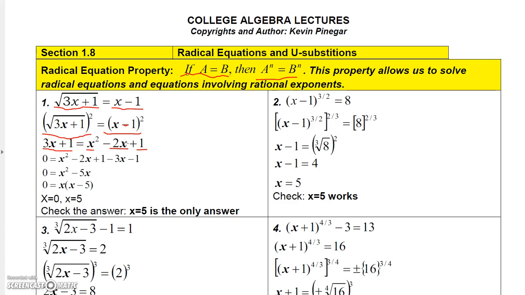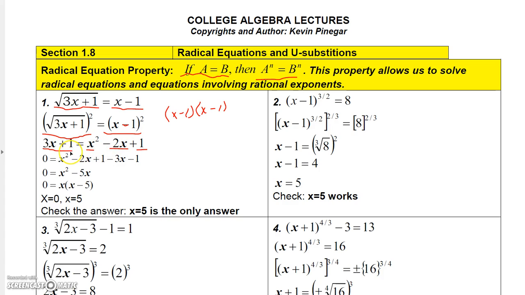You might want to review how to square a binomial. You can always do it the long way: just do x minus 1 times x minus 1 and FOIL. But it's quicker for me because I know the formula for squaring a binomial.